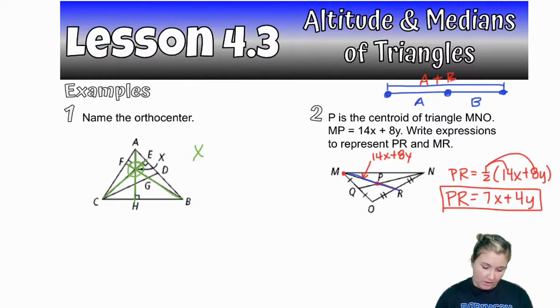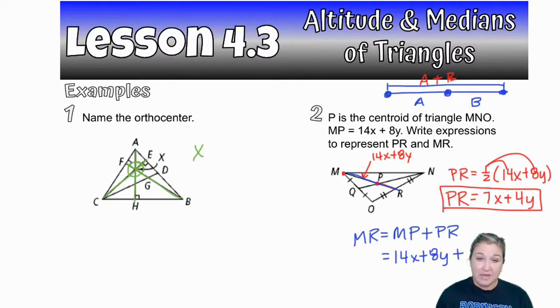So I know that MR is going to be MP, which we know, plus PR, which we just found. MP is 14x plus 8y, and PR I just found to be 7x plus 4y.